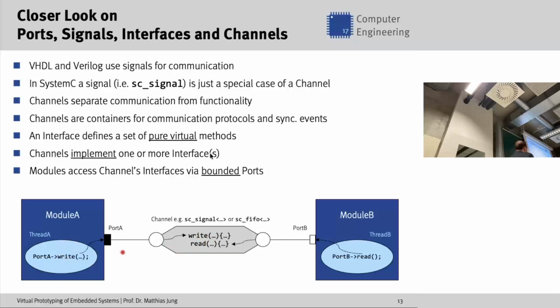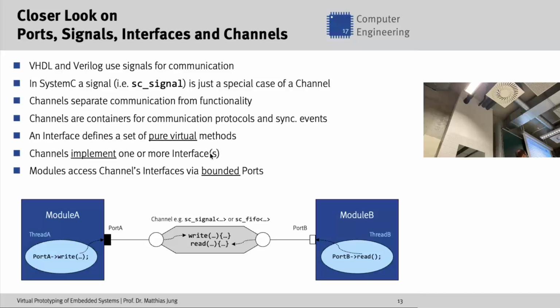And also the modules need to know which interface of this port they have, because then we make sure that we can only connect here channels that implement this interface. Yeah? And that also makes sense because we can exchange that. So we can have an interface class, an abstract interface class for a signal or general for communication, and this could be used by a signal but also by a FIFO queue, for example.